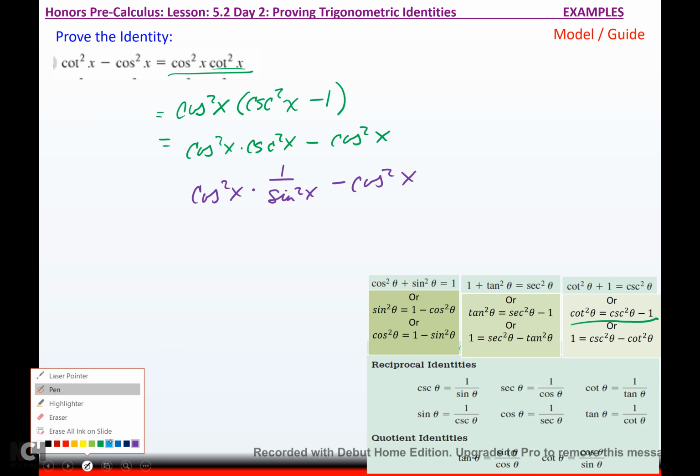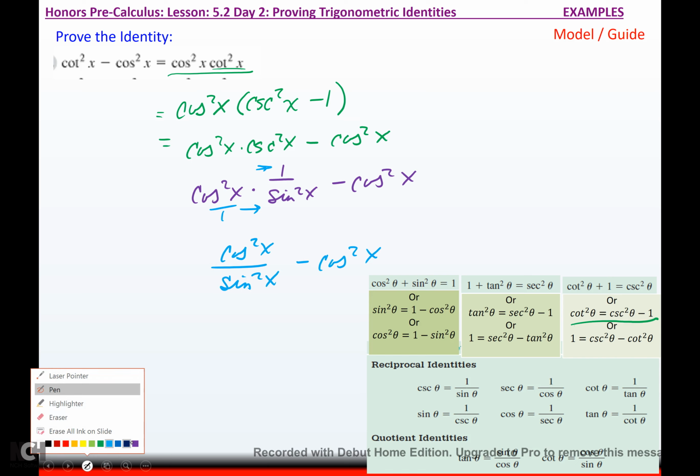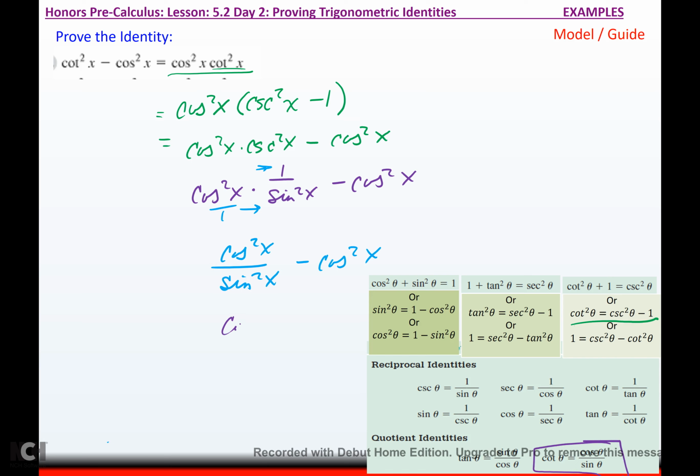This then becomes, if I multiply the tops and the bottoms, cosine squared x over sine squared x minus cosine squared x. This cosine over sine is cotangent, so cosine squared over sine squared would be cotangent squared x minus cosine squared x, and that, my friends, equals the other side, so I win.